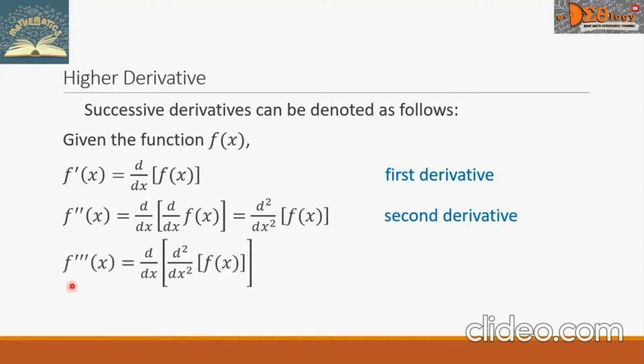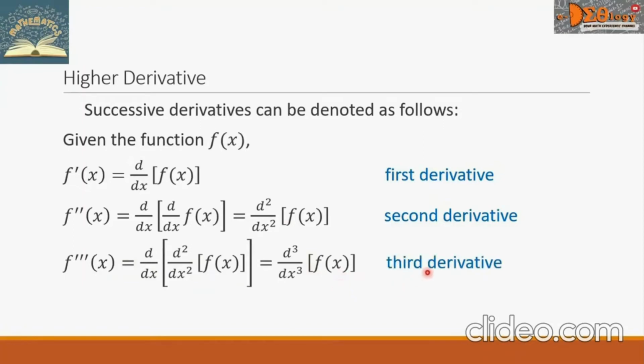We have now f triple prime of x, and this is equal to the derivative of the second derivative. So we see here we have d over dx of d square over dx square of f of x. We simplify this into d cube all over dx cube of f of x.